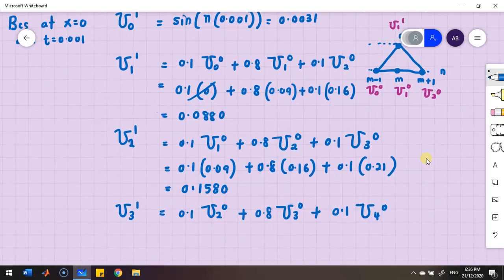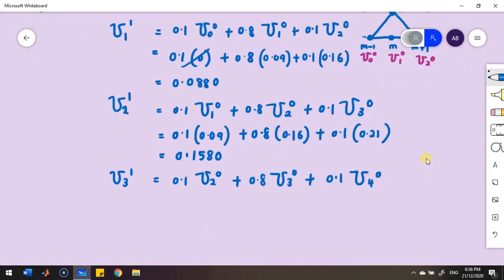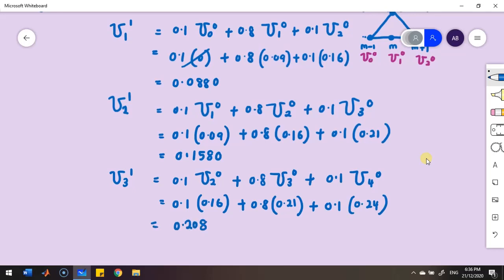That will be 0.1 times 0.16 plus 0.8 times 0.21 plus 0.1 times 0.24, which is what I got earlier on. Press the calculator, and you should get 0.2080.